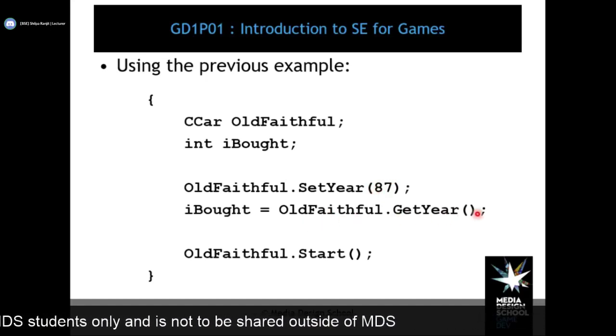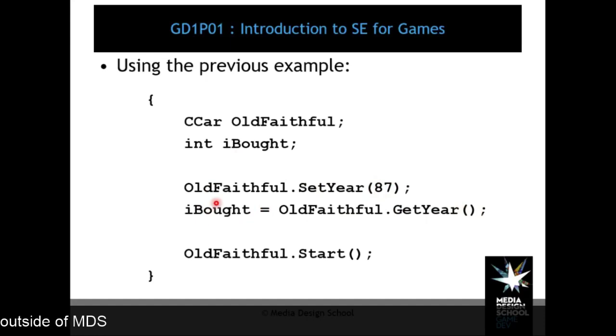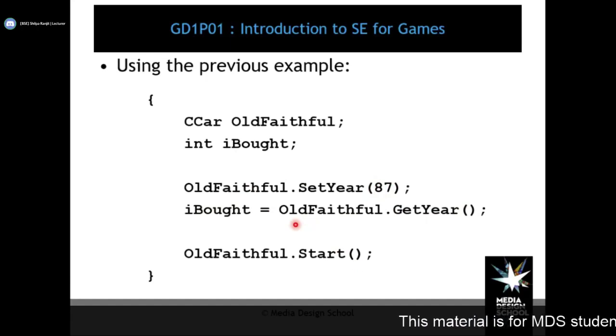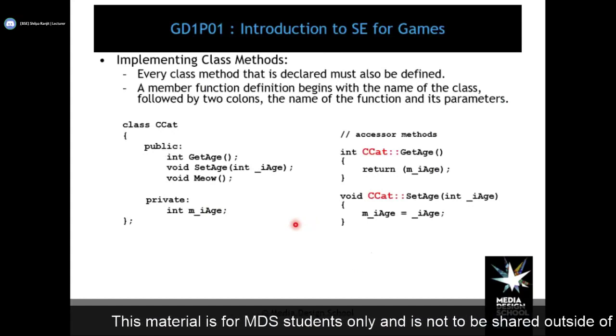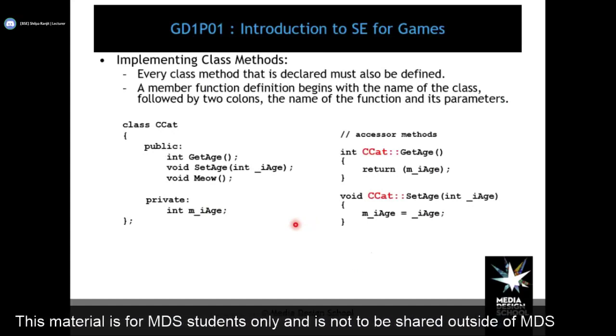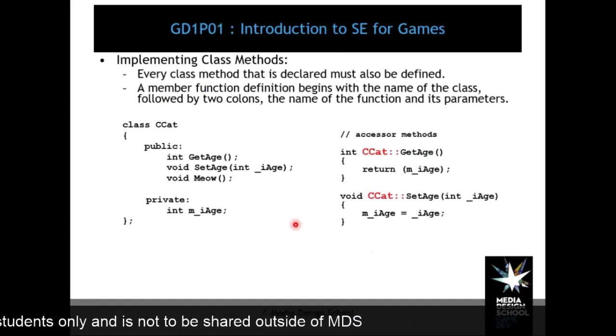And if I call the getYear function, the getYear obviously is to return the year. So I can declare an integer variable over there to get the value of year. So these are good programming practices where you have accessor methods for your variables. If for some reason you don't want your variables to be accessed at all by any outside world, you do not need to provide any accessor methods for it. All right.